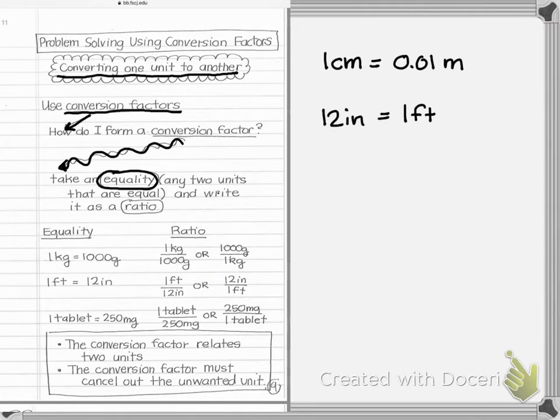That is also an equality. Or I could even look on my aspirin or my medication tablet, and it could tell me that I have 240 milligrams of the active ingredient in 1 tablet. Now, all of these things that I've just written are equalities.